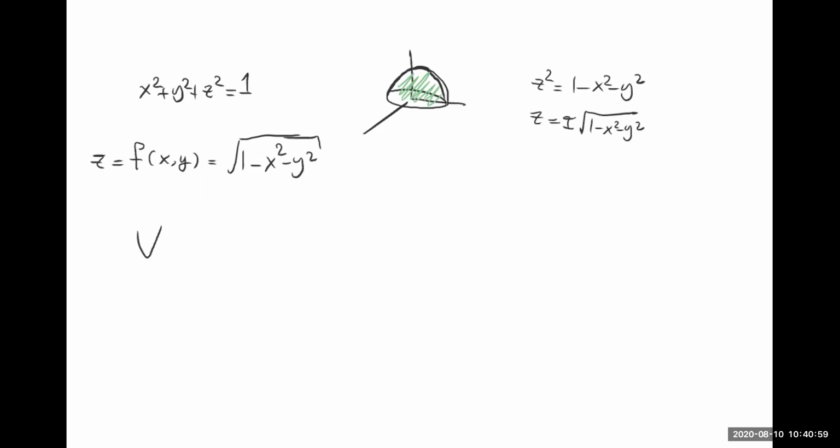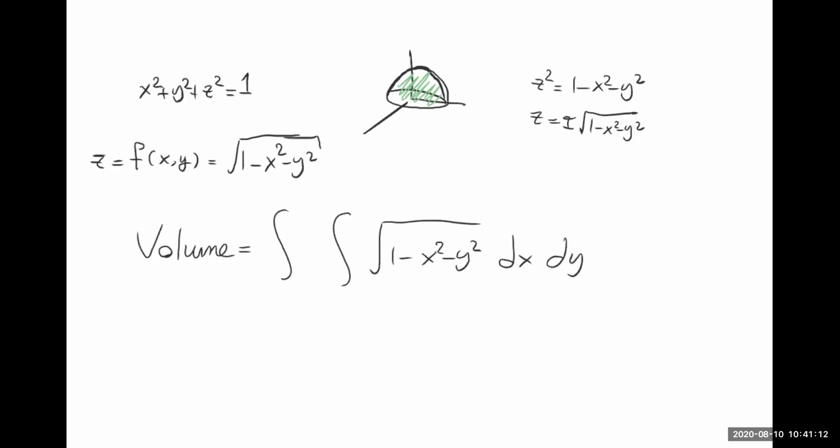So I want to compute the volume of that thing. It should be the double integral of f of x and y, which is square root of 1 minus x squared minus y squared, dx dy. What are the bounds for x? What are the bounds for y? Well, if I want to find the bounds for x, I should let that thing be equal to 0.